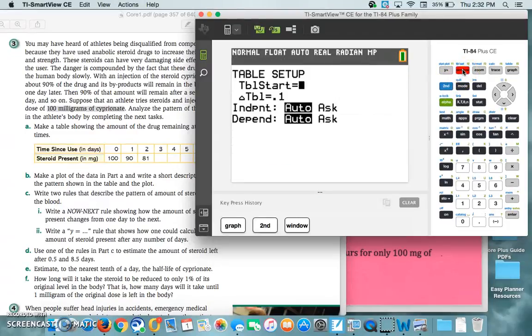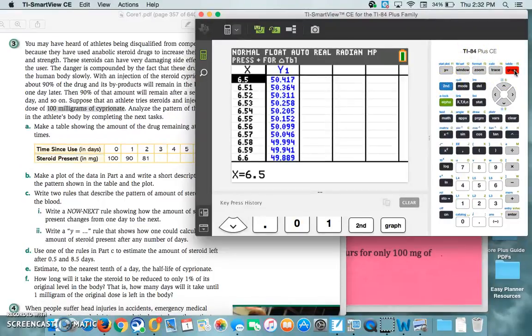Change the window to start at 6.5, and then instead of counting by 0.1, count by 0.01. Go back to the table, and here we're getting even closer. This is 0.006 units away, and this is 0.046 units away from 50. So we're looking at somewhere in between 6.57 days and 6.58 days.